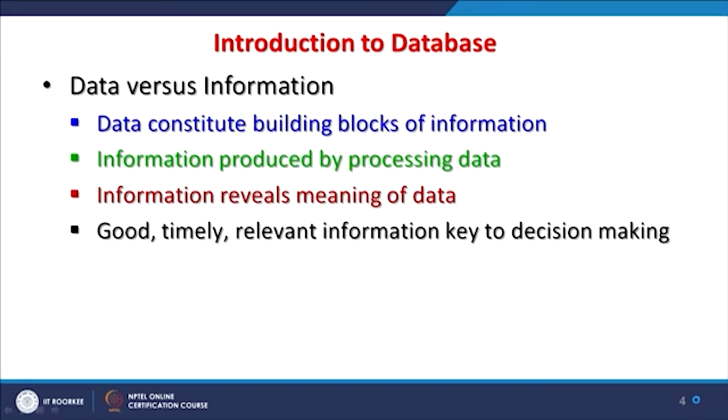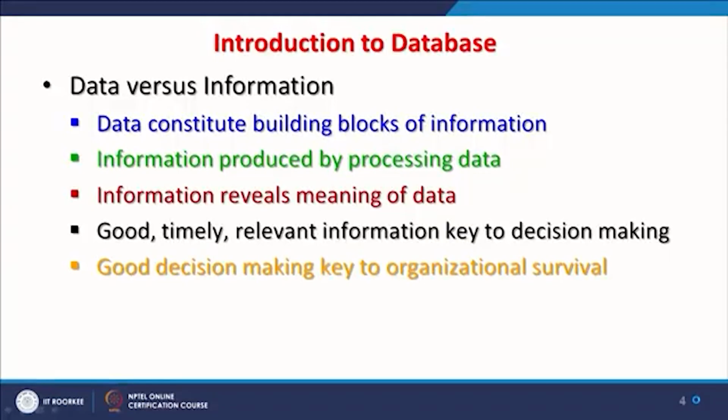So good, timely and relevant information are the key for decision making. Good and timely means you are having not only the quality of the data, but very updated data and relevant data, and that will allow us to process it as quickly as possible, convert to information, convert to knowledge, and when we present these scenarios to decision makers, they can make quick decisions.